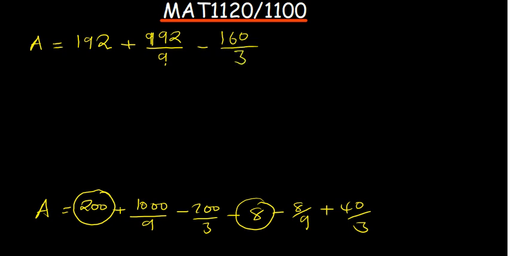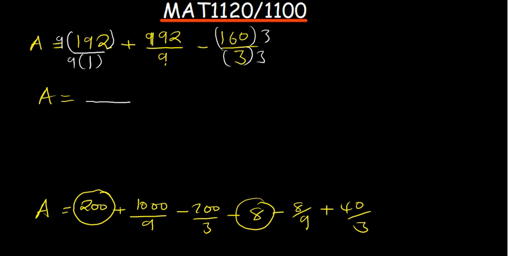So from here, the best way we can do it is we need to make everything to have the same base. Of course, this is over 1. Now the aim is the highest base here is 9. So I want everything to be in base 9. So what I can do is multiply here on top by 9, also in the denominator by 9. And then also this one, how can I make 3 a 9? I need to multiply on top by 3 and also the down by 3.